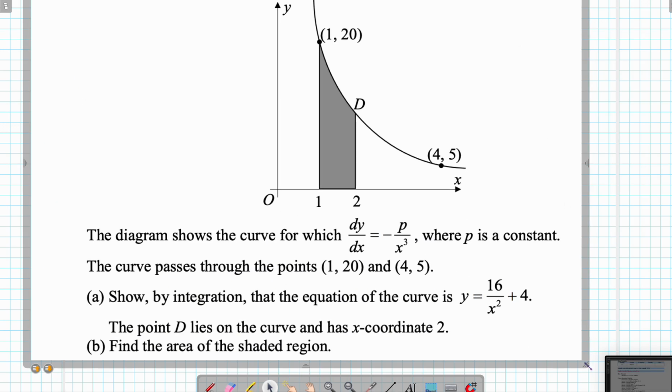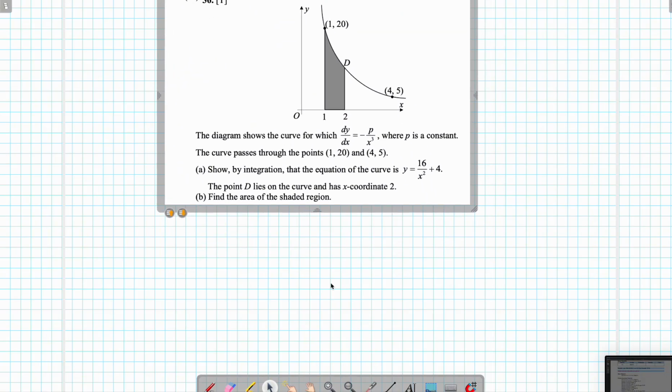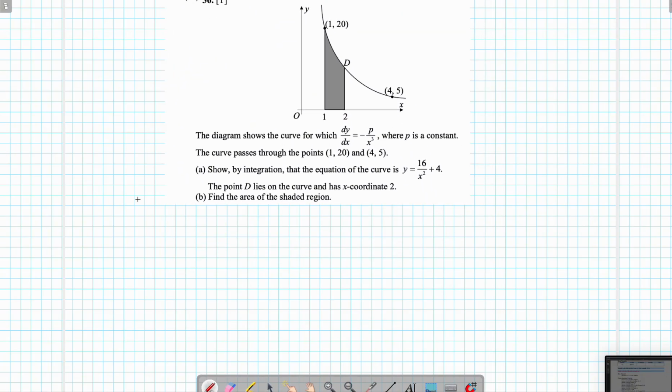Let's just make it smaller. Okay. So if we want the function, what we're gonna do is integrate the derivative. I just put negative p outside since they said p is a constant, x to the negative 3.